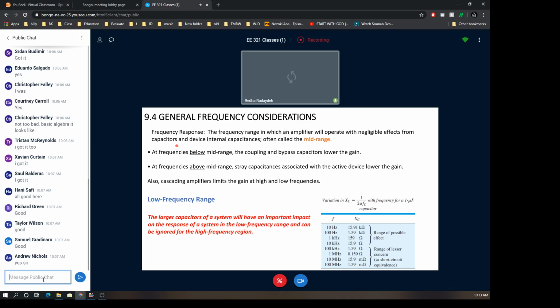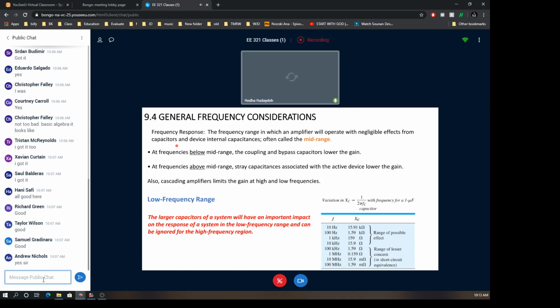Why? Because if you have a cascaded structure, we need to multiply this response with the second response, with the third response, and so on. So the dominant cutoff frequencies at the lower frequency range and at the higher frequency range, at which the gain starts to decay, will be determined based on the intersection of the cutoff frequencies of individual stages.